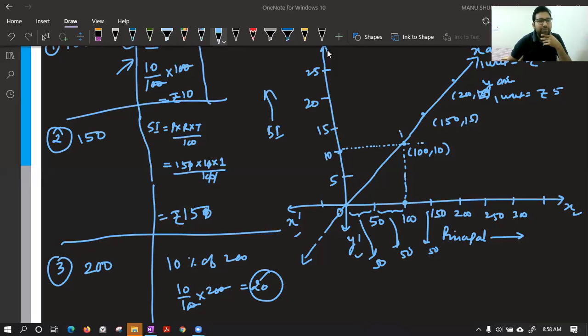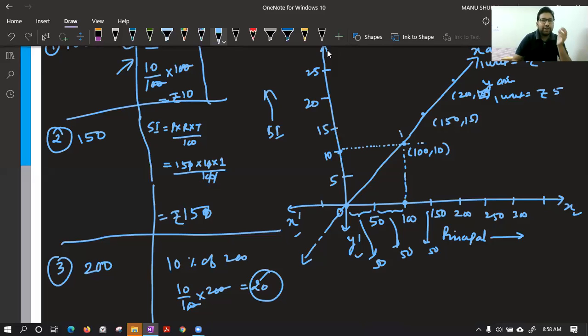And it is very much correct. If you go to a bank and deposit 0 rupees, they will not give you any money back after a year. That is why 0 comma 0 is the coordinate for this relation.